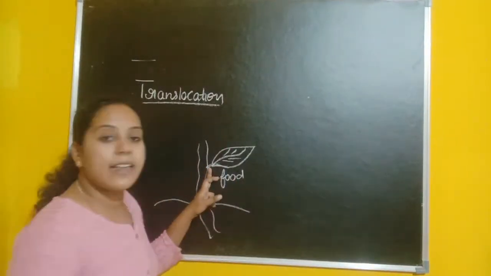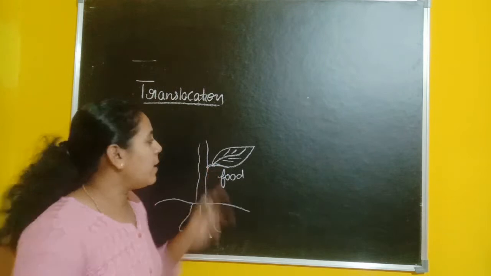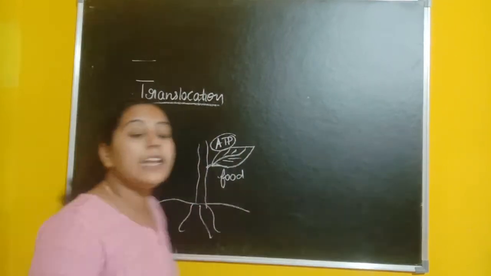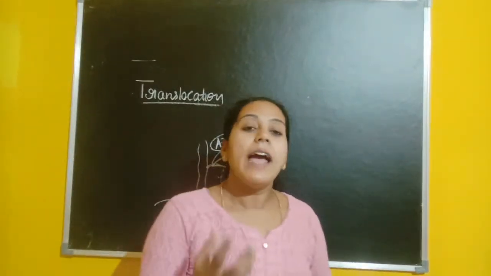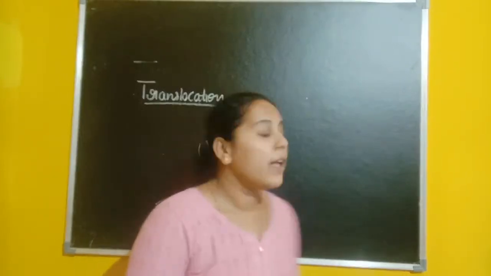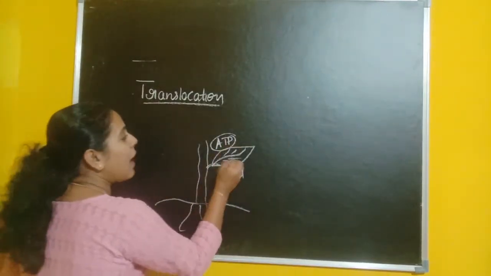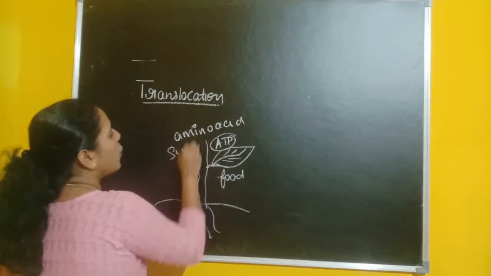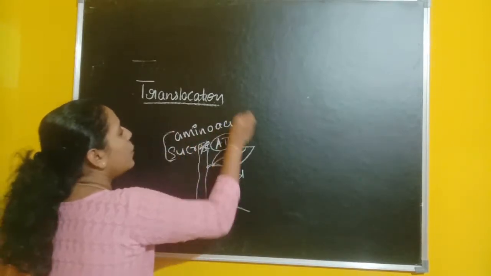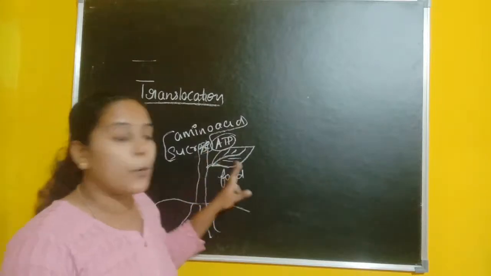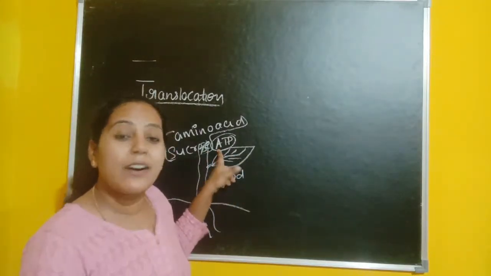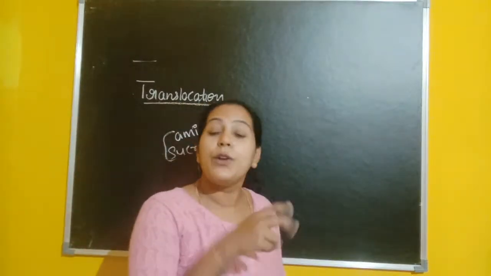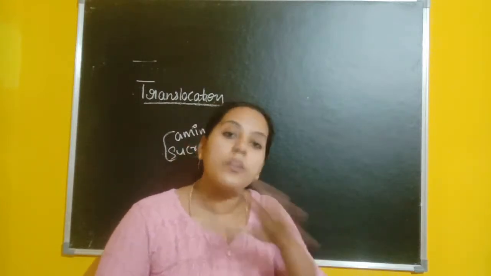See, as there are sieve tubes and companion cells, the ATP molecules which are present, ATP is nothing but adenosine triphosphate, released from the energy currency of cells. So what do ATP molecules do? They help to transport the prepared amino acids and also sucrose, the so-called soluble products, to different parts of the plant body by creating the osmotic pressure.